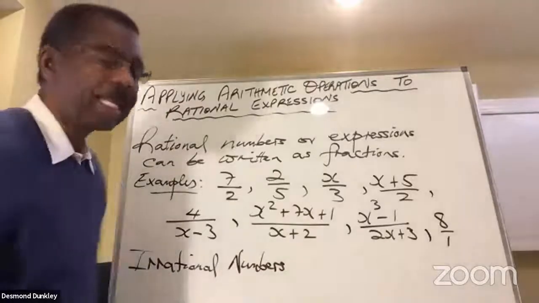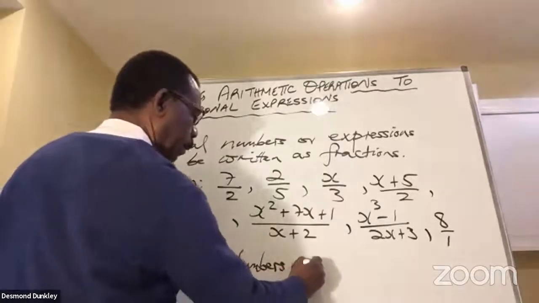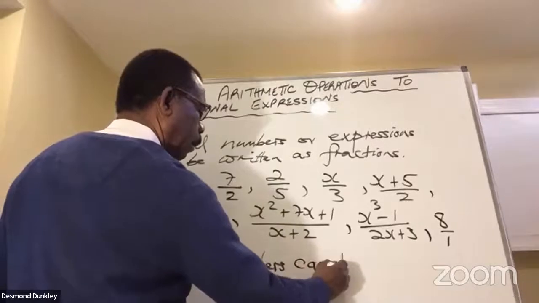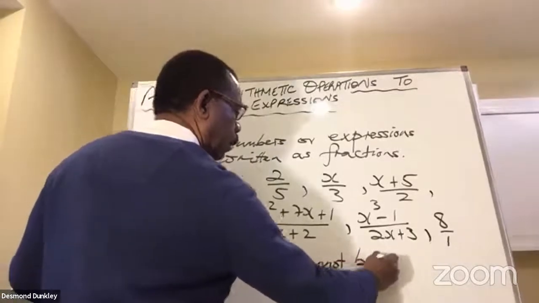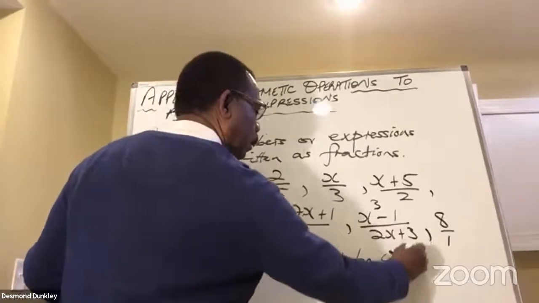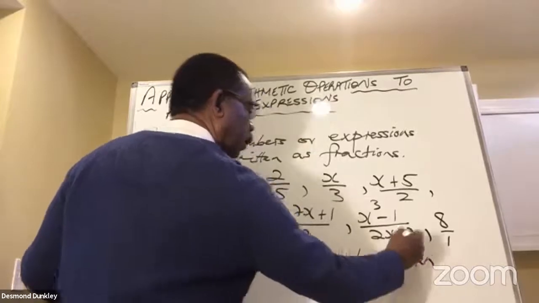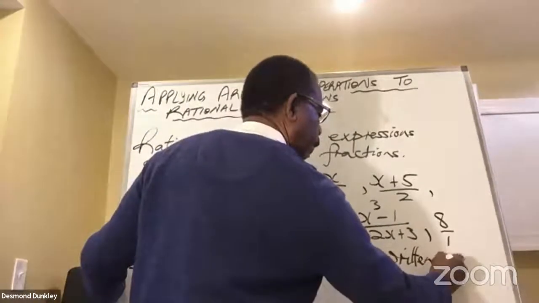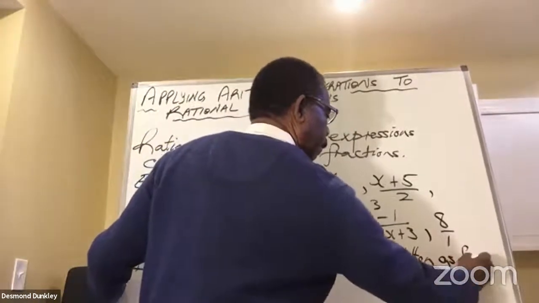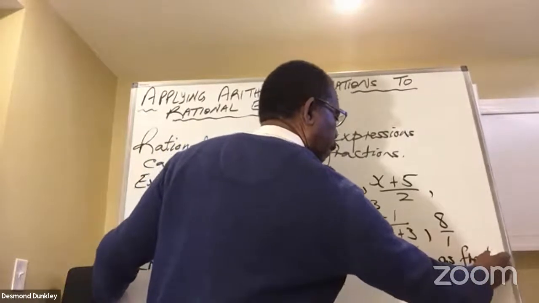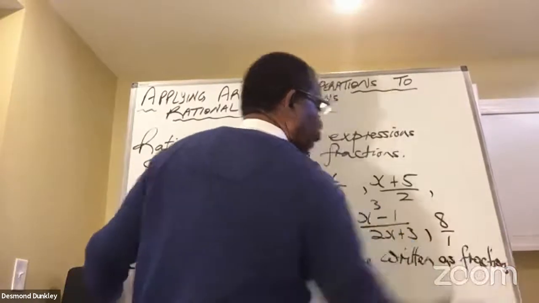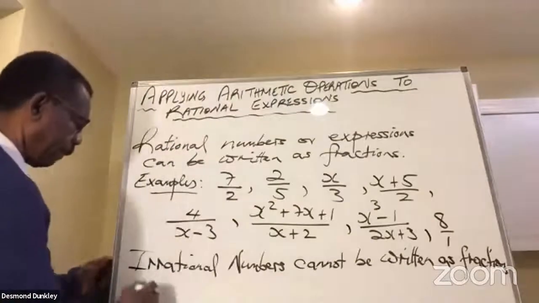Irrational numbers cannot be written as fractions. Examples.